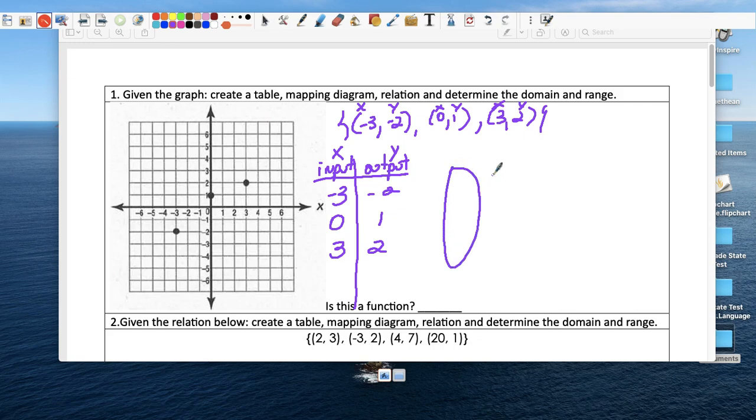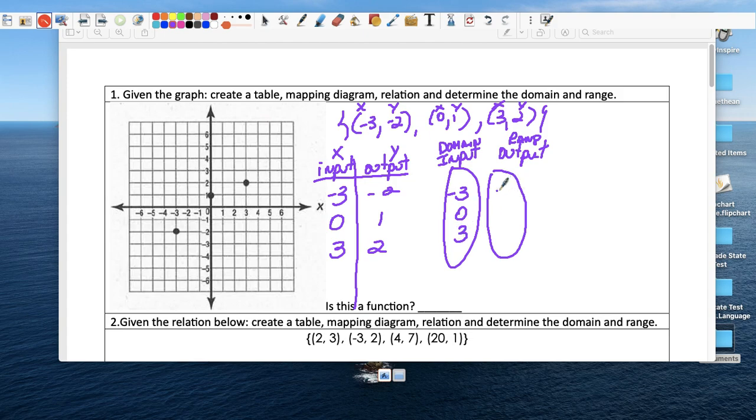So the mapping is like this: input, output. It's almost the same thing as a table, except that we don't repeat numbers. If you want to go ahead and write domain and range: the domain is all your input values, your x values, and the range is all your y values. So the domain had negative 3, 0, and 3.